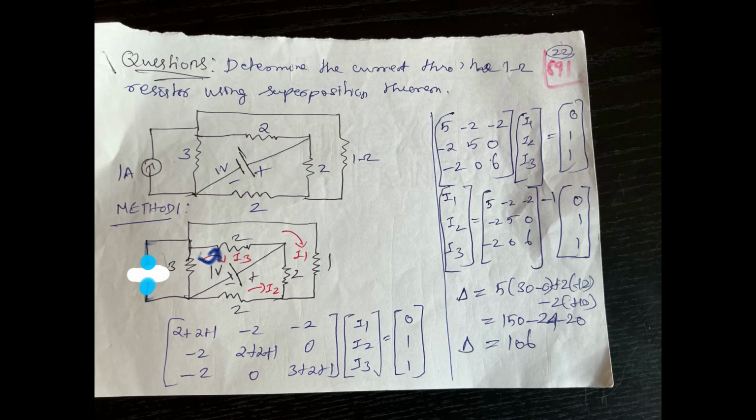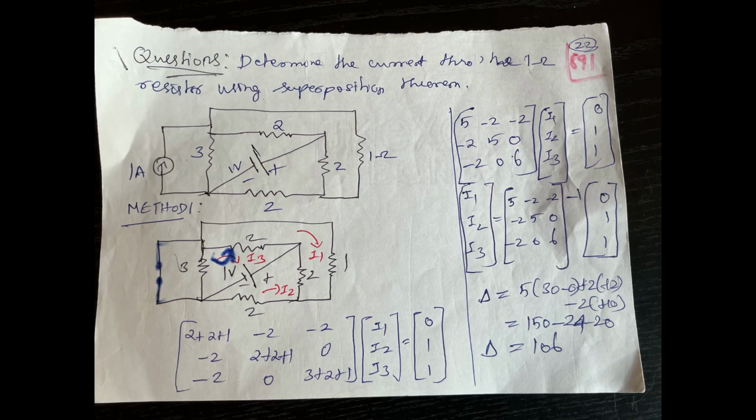Kindly note the important point in matrix form: the first element A11 of the matrix is 2 plus 2 plus 1, that is series connected 1 ohm resistance. The second diagonal element is 2 plus 2 plus 1, with the 1 ohm resistance in series. The third mesh is 3 plus 2 plus 1 ohm resistance in series.